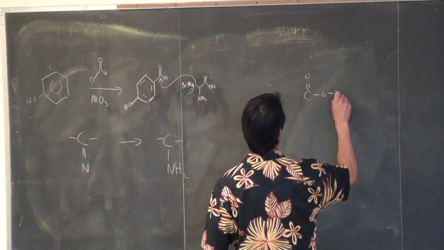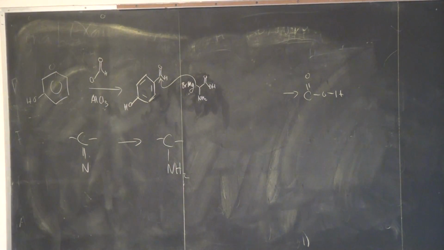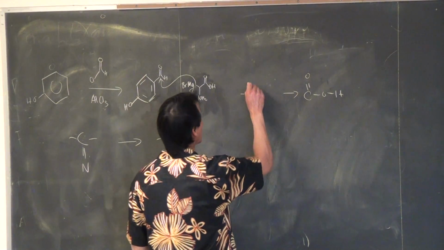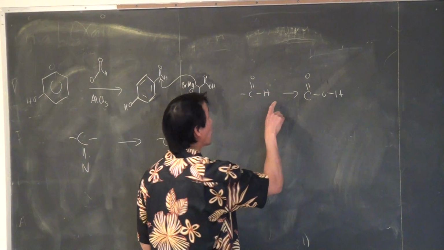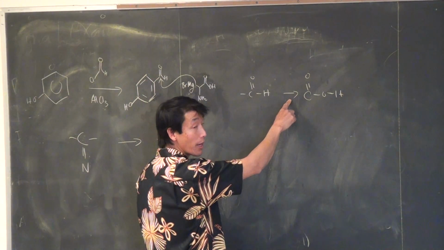So we can make an acid from, yeah, so the conditions we need here are KMnO4, an oxidizing agent.